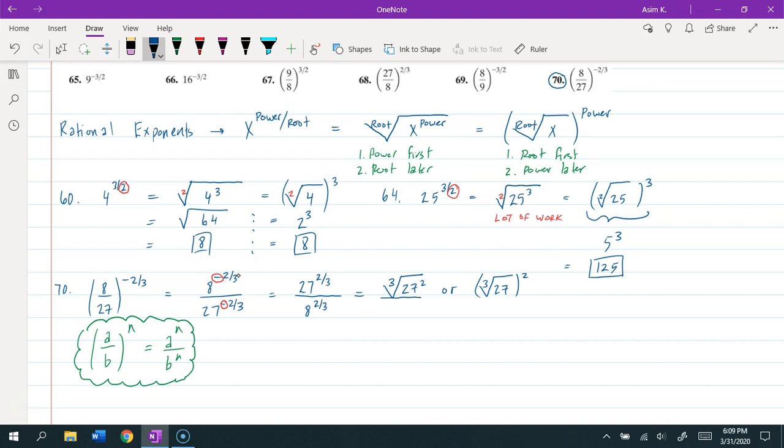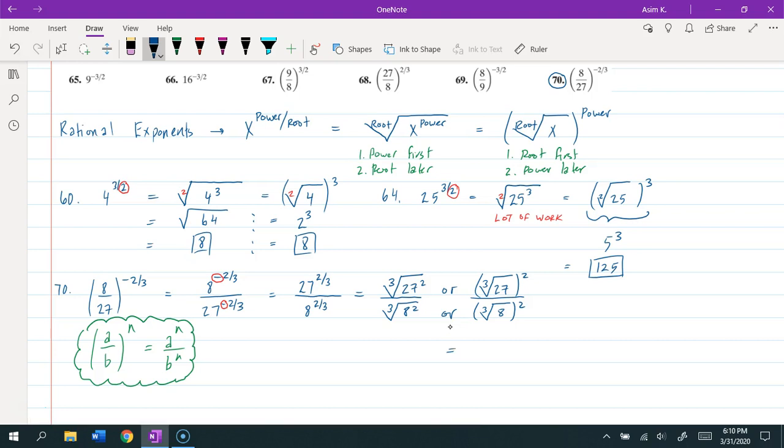The bottom is saying the cube root of 8 squared, or the cube root of 8 and then power later. You'll find that this power later approach comes in very handy, because who wants to sit there figuring out what 27 to the power of 2 is? It's a lot easier to ask yourself, if it's possible, can I find the third root of 27? And you certainly can, based on the homework and stuff like that.